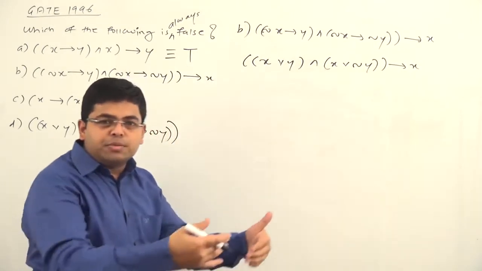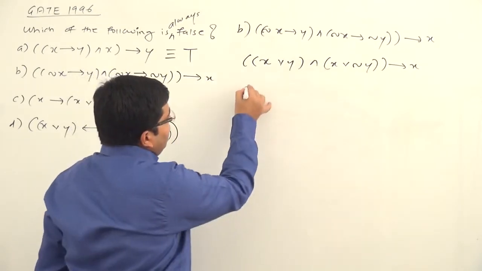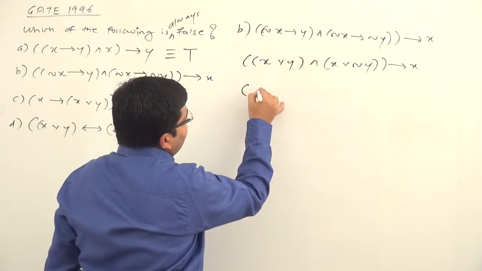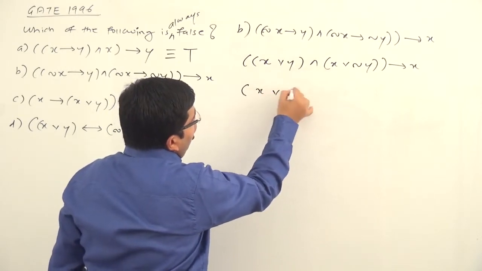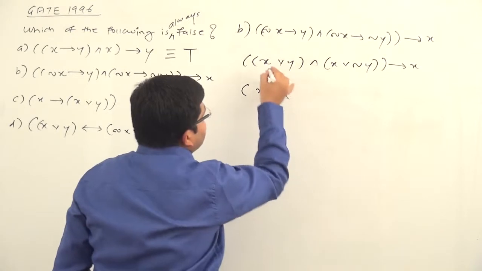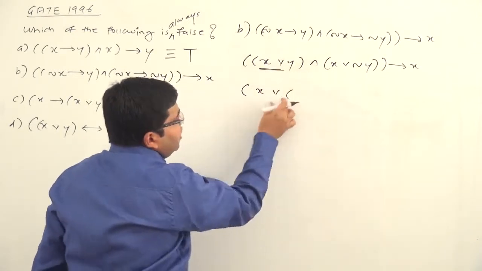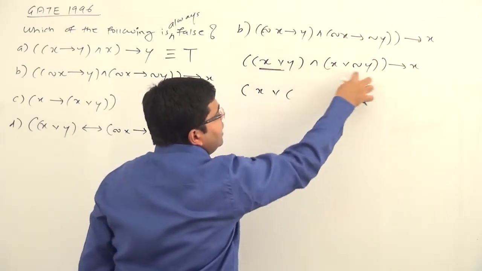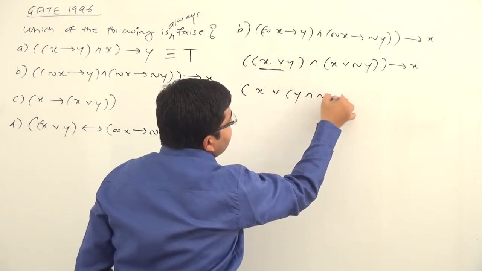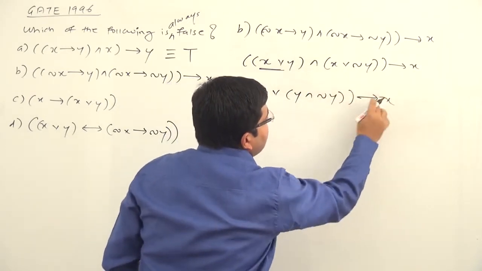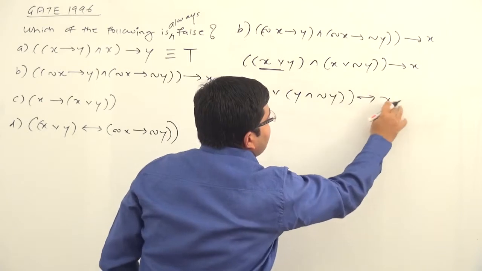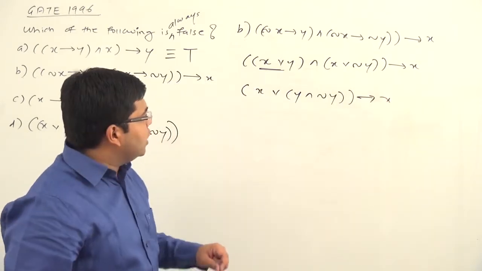We can apply the distributive law in the reverse direction, and therefore this will become x or y and negation of y. See, x or we have taken common, and the remaining term will be y and negation y implies x. Now at this point I would suggest you one thing.